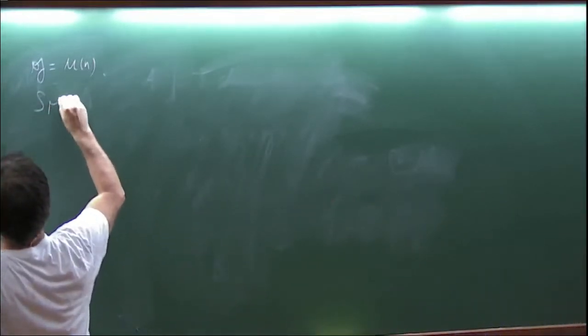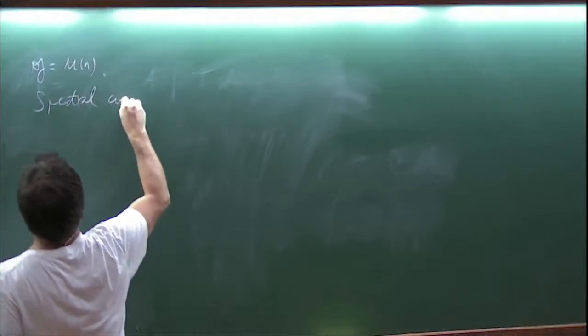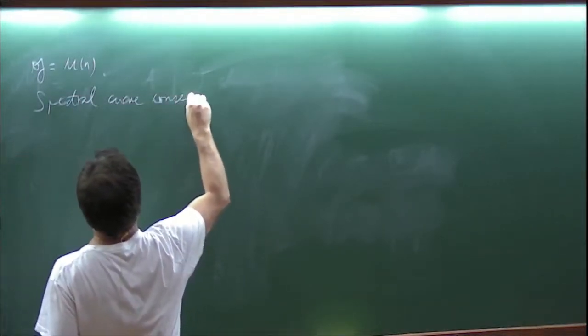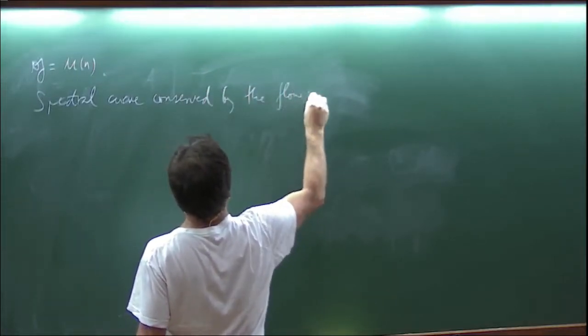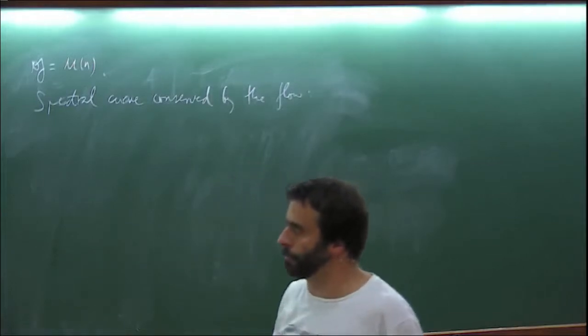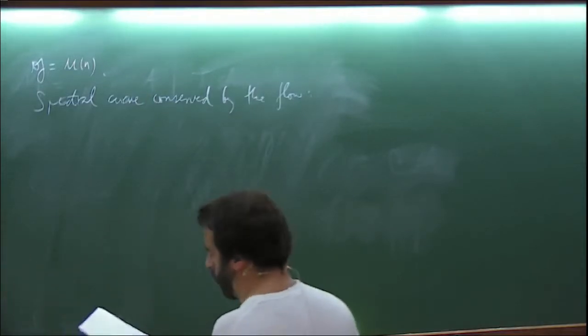There's a spectral curve conserved by the flow. So these conserved quantities that I had at the beginning, that were useful to show this regularity property, this global regularity, they appear as coefficients of this spectral curve.